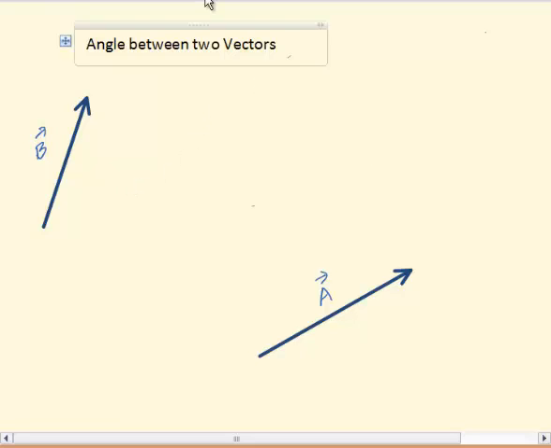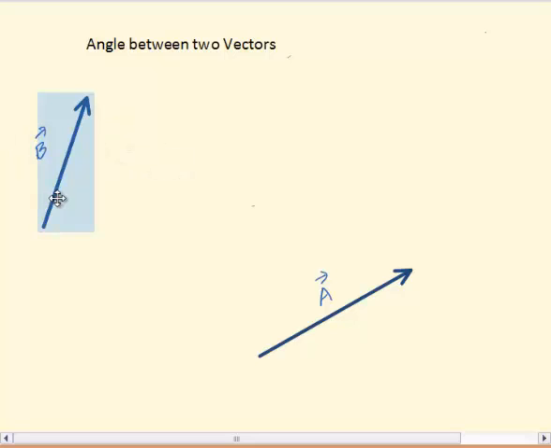So in order to find the angle between vector A and B, the important point to note is I can move vector B parallel to itself and try to join the tails of A and B without changing the vector.